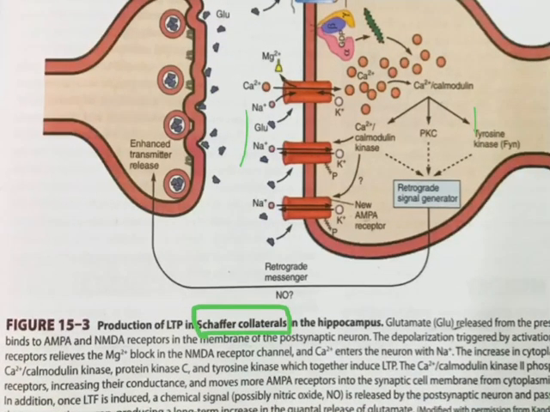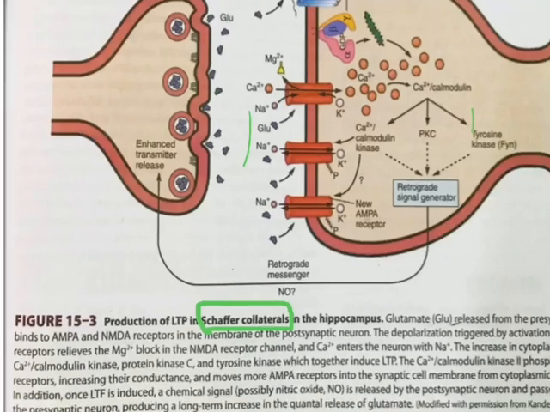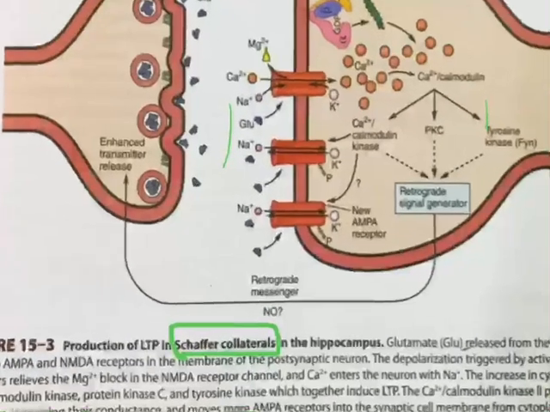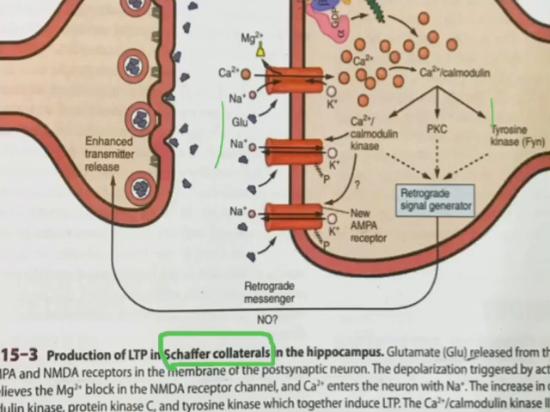See, this is the presynaptic neuron and this one is the postsynaptic neuron, and these are glutamate, they are getting released. Okay. Now, what is this glutamate doing? It is getting attached to the AMPA receptor. These two, 1 and 2, are the AMPA receptors.